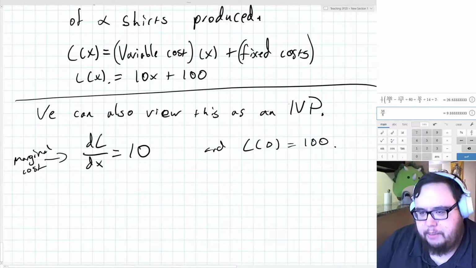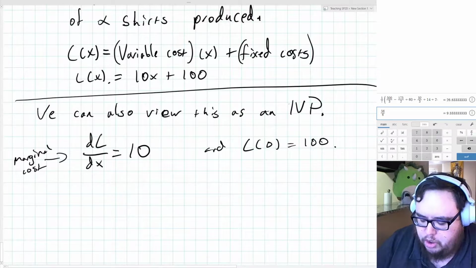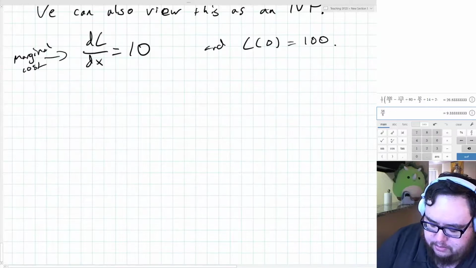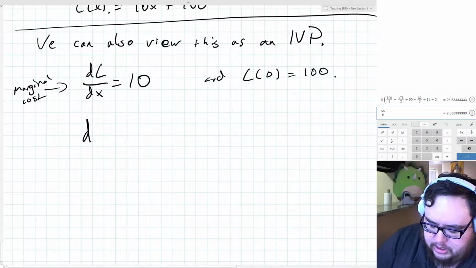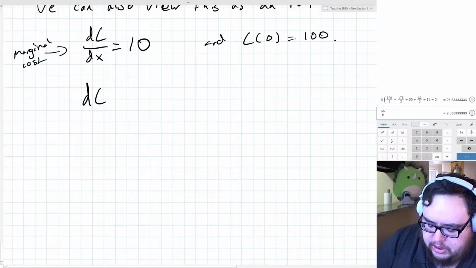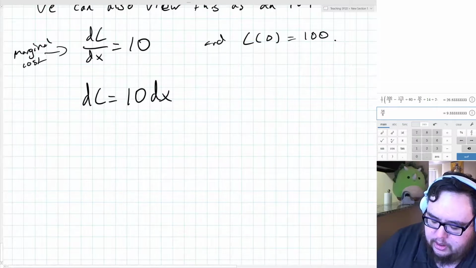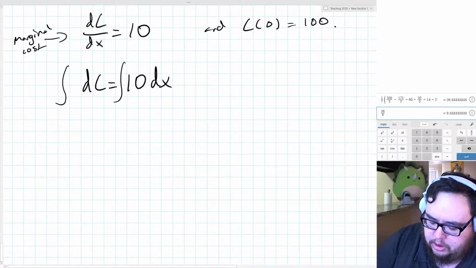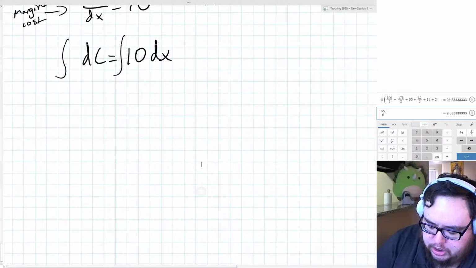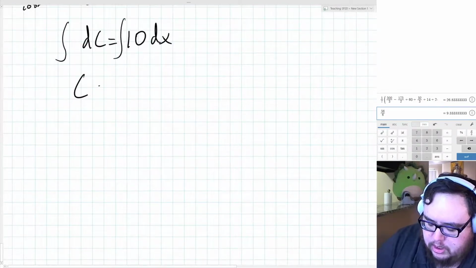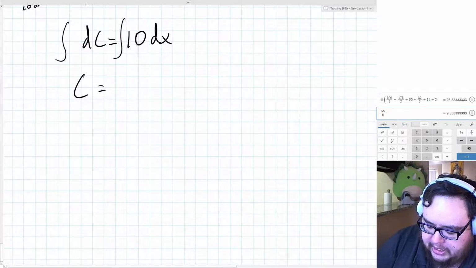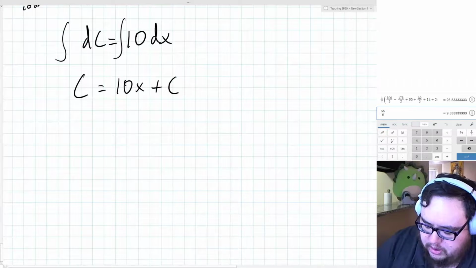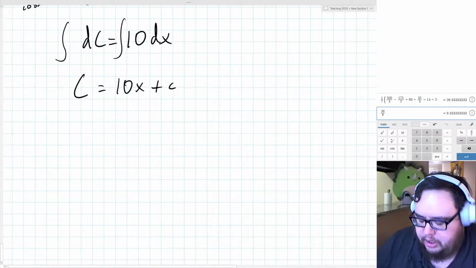Here, this is in fact a separable differential equation. There's no C's or x's, so it's really easy to separate. dC is equal to 10 dx, and then we can integrate both sides. The integral of 1 dC is just equal to C, and the integral of 10 dx is equal to 10x plus a constant. Oh, that's annoying. This is little c here for the constant.